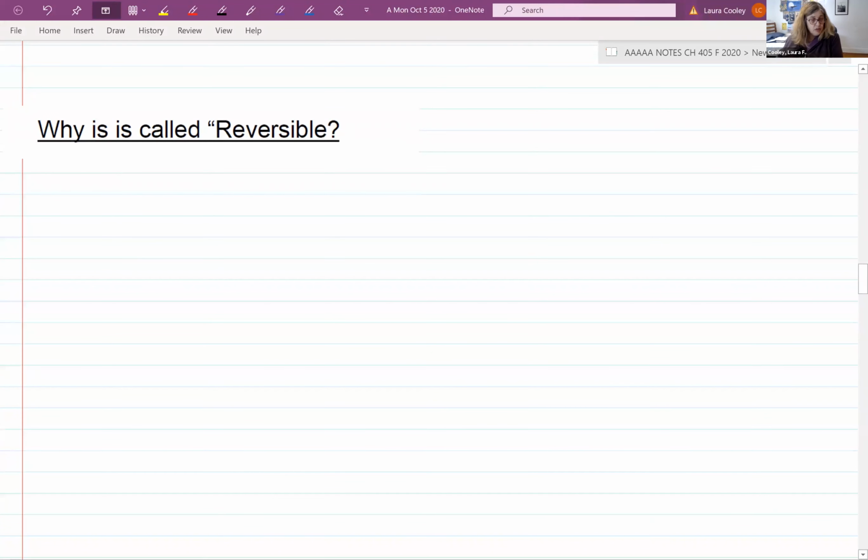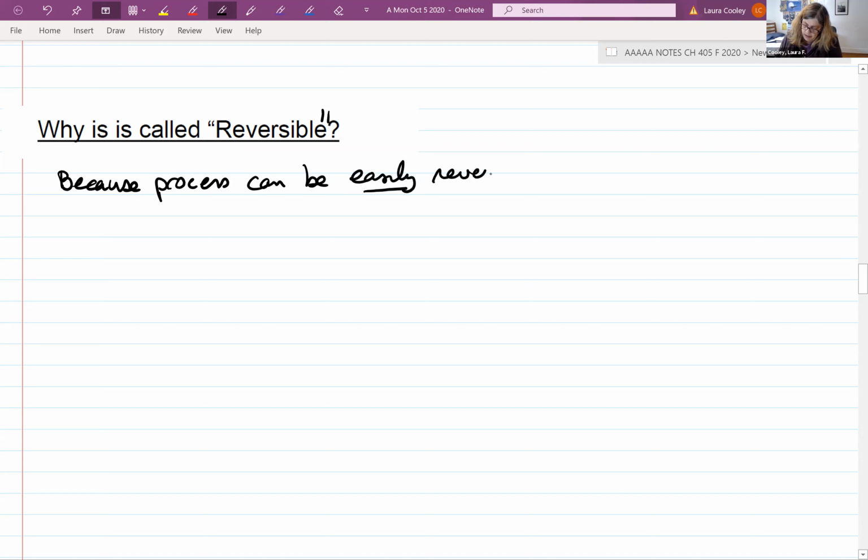So why is it called reversible? Well, reversible is something that can be easily reversed, so because the process can be easily reversed.